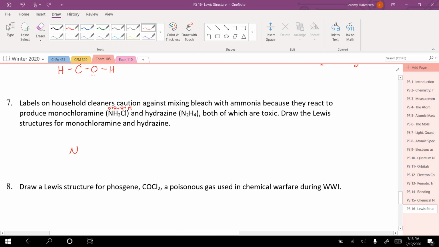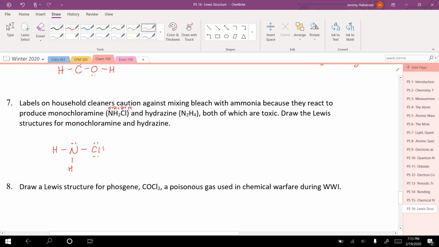Nitrogen is least electronegative other than hydrogen, so I'm going to get my hydrogens coming off my nitrogen. 2, 4, 6, 8, 10, 12, 14. And now I do formal charges. I get 0, 0, 0, 0. So I'm done. That's monochloramine.